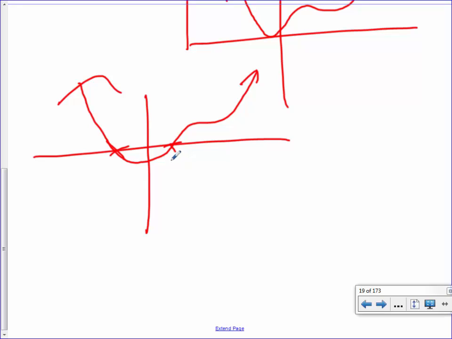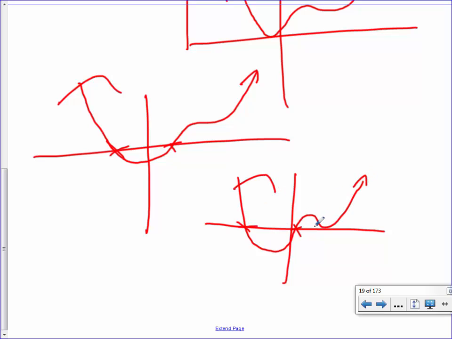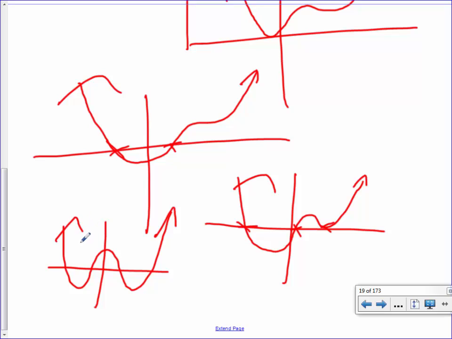So hopefully you can imagine all the other possibilities. You could have a graph that looks like this: 1, 2, 3. And if it was a really exaggerated W, and some quartics very much look like a W, you'll have 1, 2, 3, 4 different roots. Does that make sense? Cool.